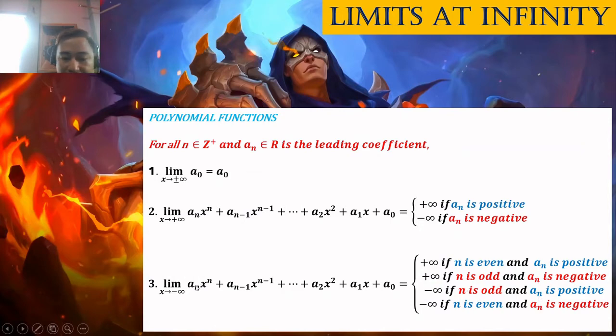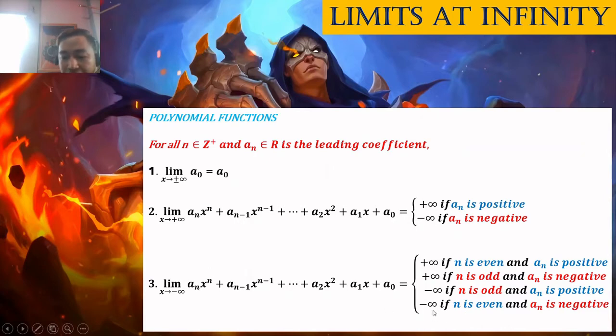So positive times a negative value, the answer is negative infinity because the value is always negative. So what we base on in the polynomial function is the leading coefficient, the term with the largest exponent, because it carries the limit, since the smaller terms have smaller exponents. It is the one that carries the sign.